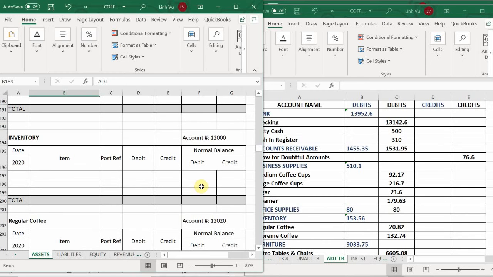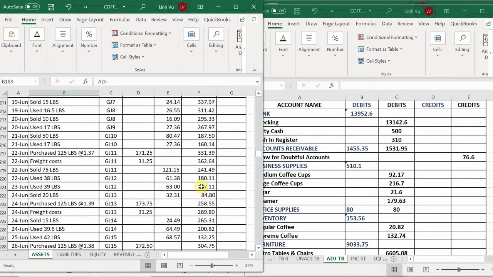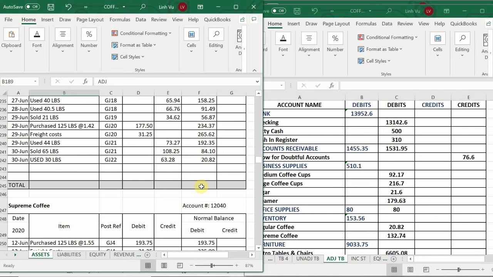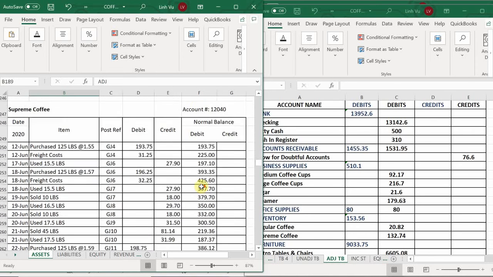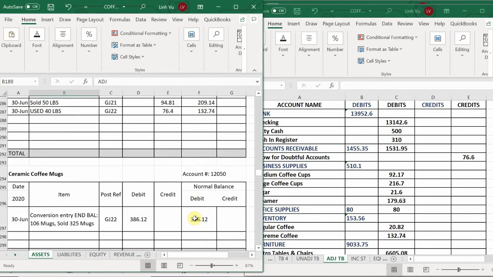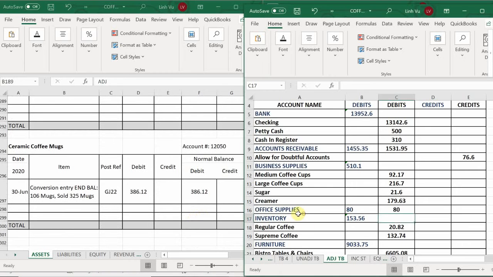Next account is inventory. Inventory. Okay, let's see. Our regular coffee, 2082, the same. Our supreme coffee, 132.74. Yeah, and we have something extra in here now.